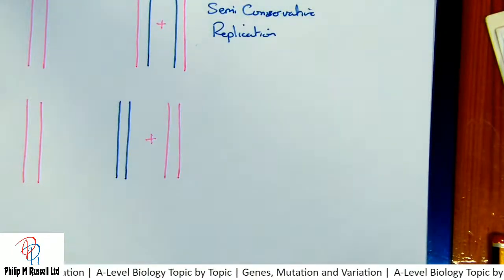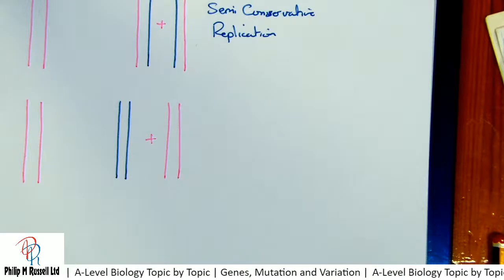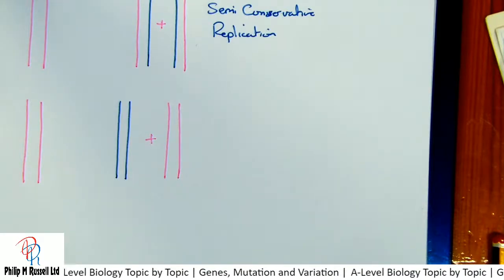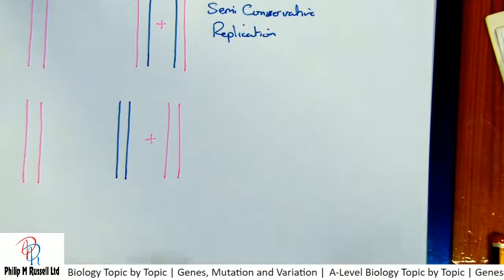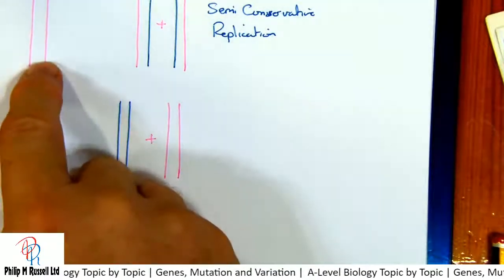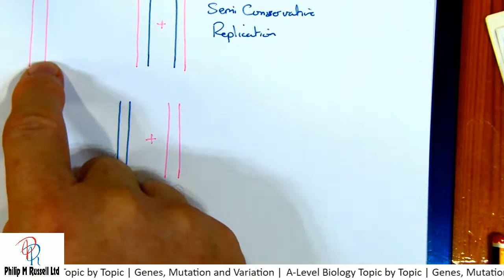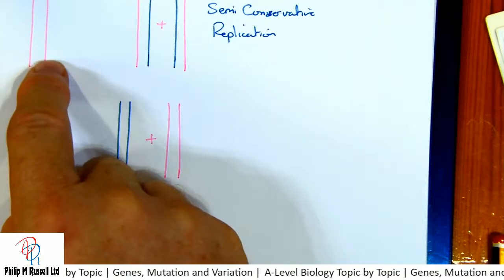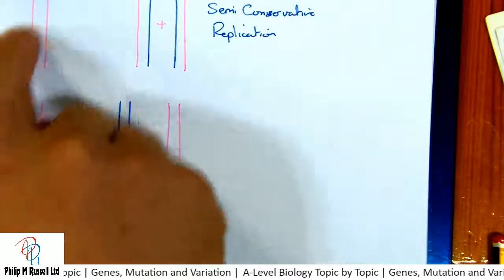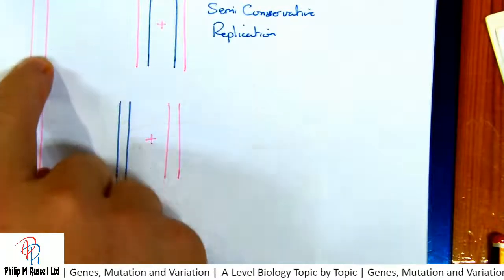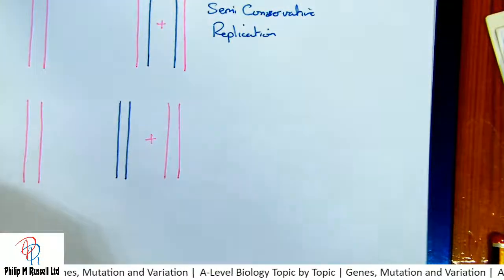So what did they do? Well, Meselson and Stahl basically took their bacteria that was growing in normal nitrogen, and this meant that basically every time it replicated, we've got ordinary nitrogen.